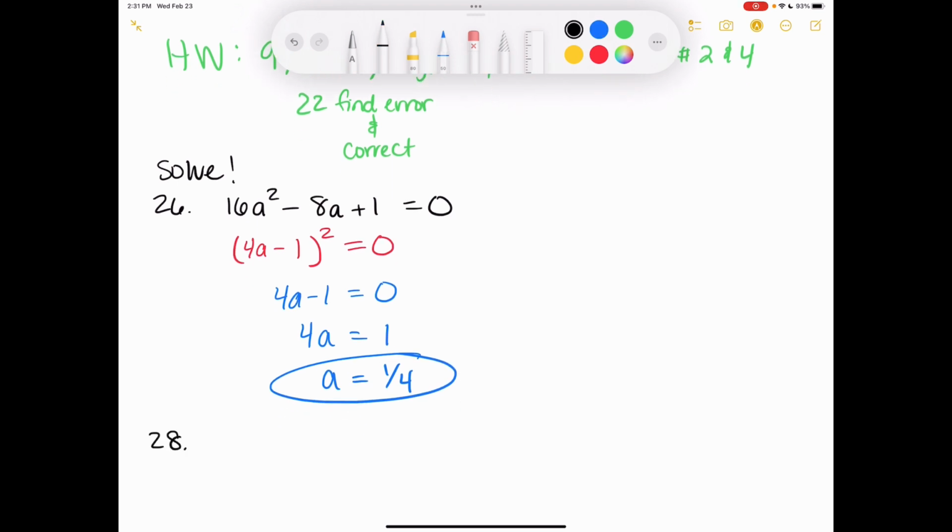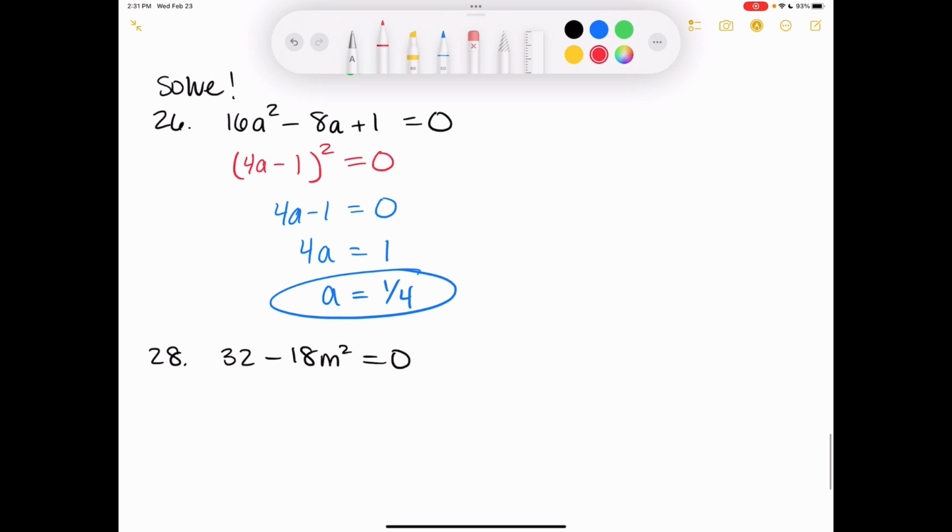28. 32 minus 18m squared equals 0. Is this a special type the way that it sits at the moment? No. Then what do I need to do if it's not?